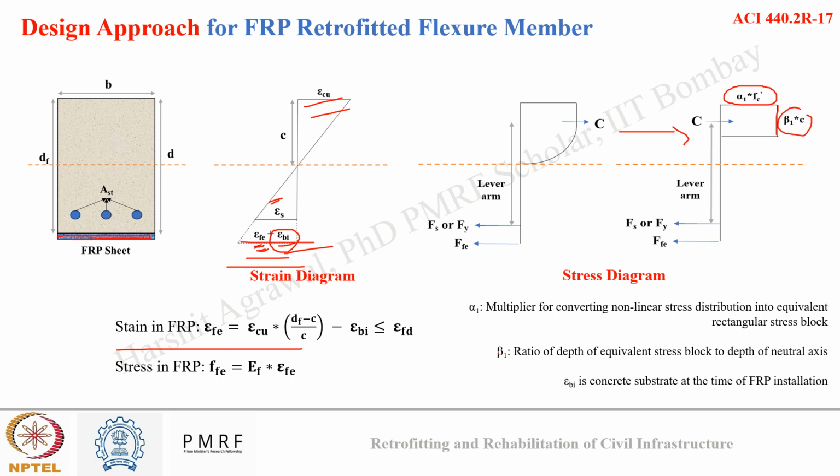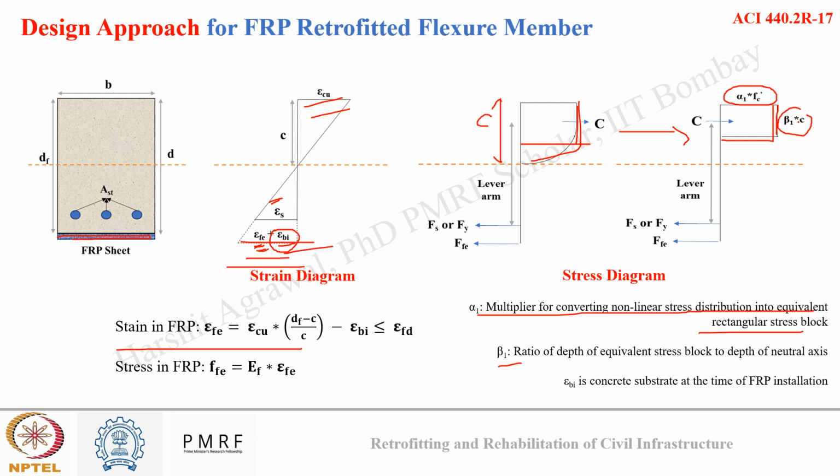Here alpha 1 is the multiplier factor for converting the non-linear stress into an equivalent rectangular block. So from this to this, it is the conversion factor. And beta 1 is the ratio of the equivalent stress block depth to the depth of the neutral axis. This is my depth of neutral axis, denoted by c, and there is some proportion after conversion till which my compressive stress block will be present, and that is denoted by beta 1 times c.